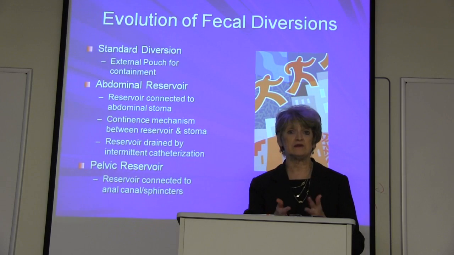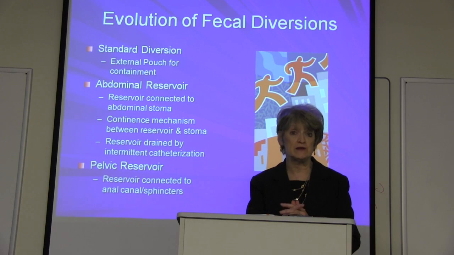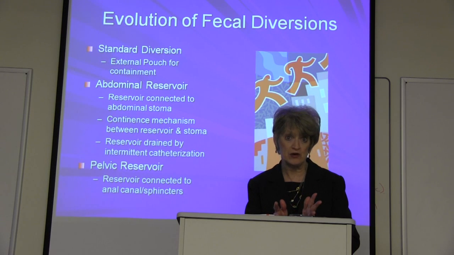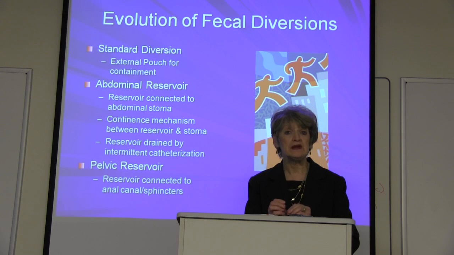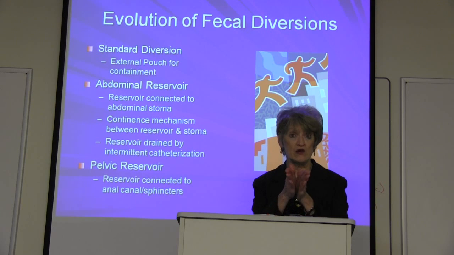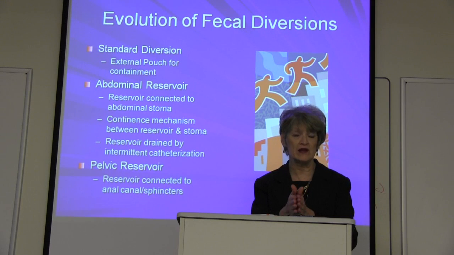The concept of an abdominal reservoir is very simple. Instead of connecting the bowel directly to the abdominal wall and having the output, the stool, drain into an external pouch, the surgeon creates an internal pouch. That internal pouch is connected to the abdominal wall via a stoma. Between the stoma and the reservoir, the surgeon creates a continence mechanism, essentially a one-way path or a one-way valve.